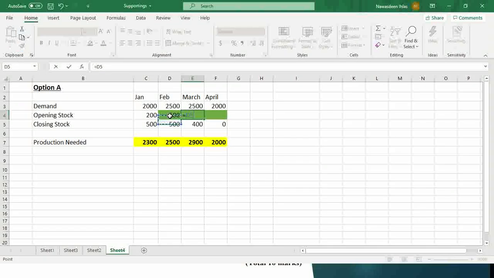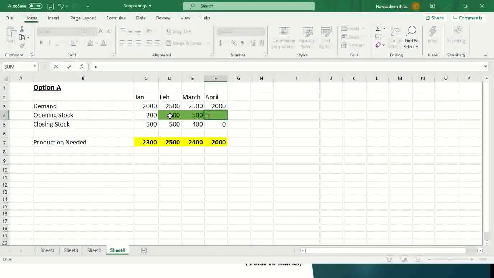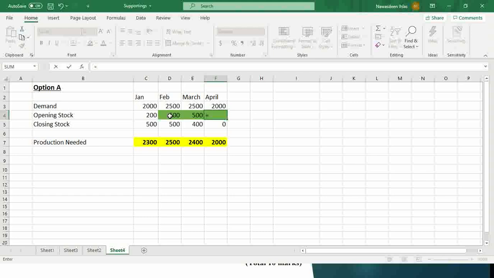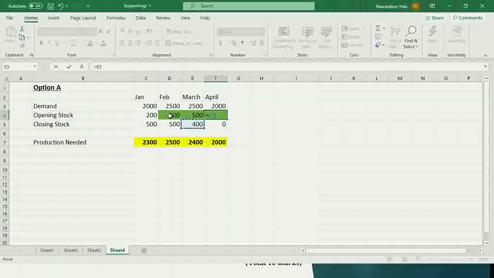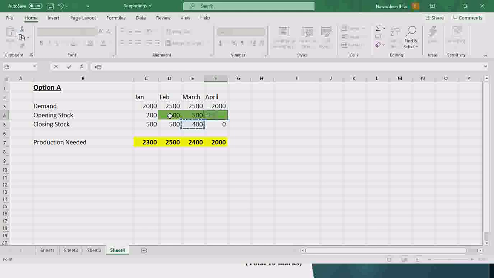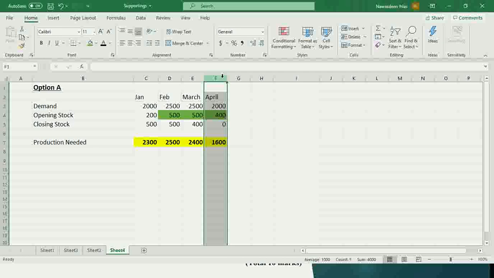February closing stock will be the opening stock of March. March opening stock will be the closing stock of April. So this information is not needed now.